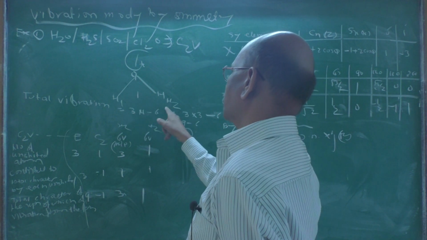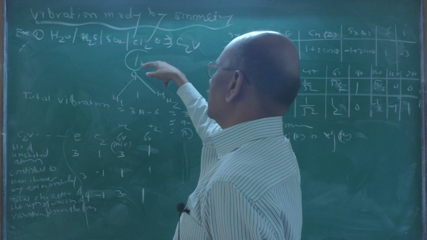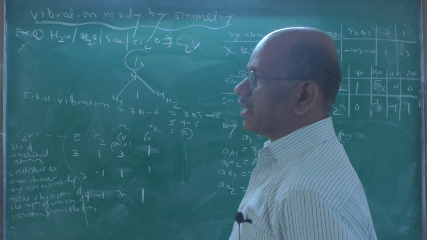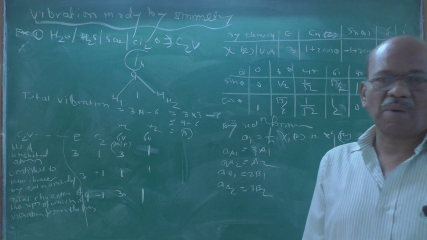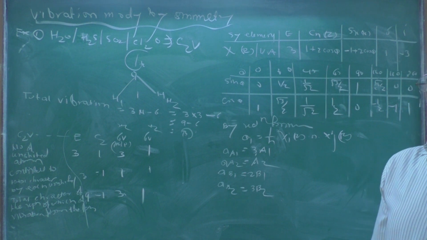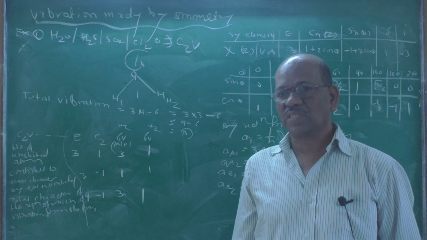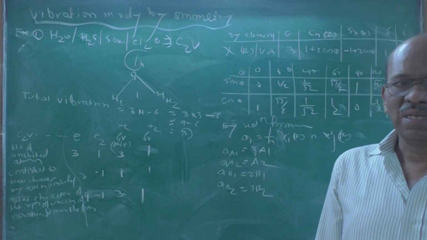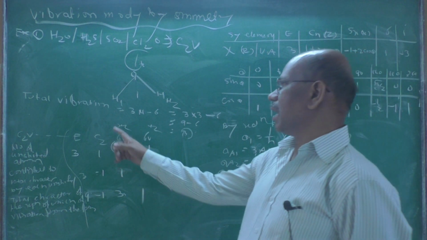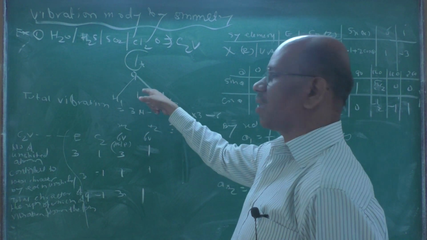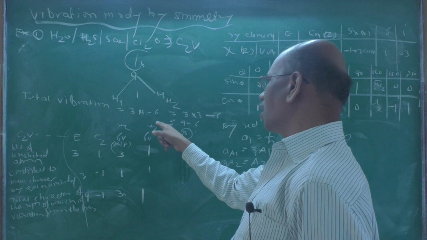It is H1, H2, and through this there is a Z axis. Then by using a formula we can calculate the total number of vibrations. For a polyatomic molecule the total number of modes of vibration is 3n minus 6. For a linear molecule it is 3n minus 5. Here I have considered 3n minus 6 because it is a polyatomic molecule, not a linear molecule.